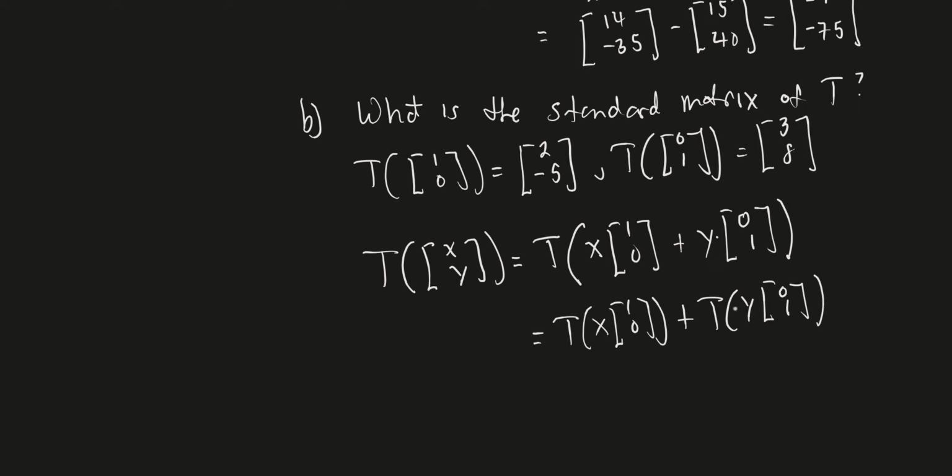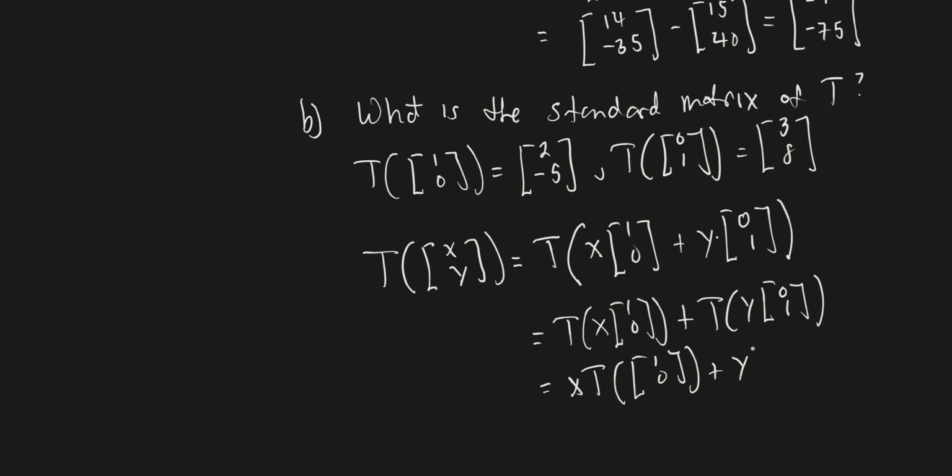Factor out the y and the x, because again I know that T is linear and that's one of the properties. So this is x times the image of (1, 0). So it's basically the same process that we did in part B, but not with a specific vector now, but with every vector in R2.